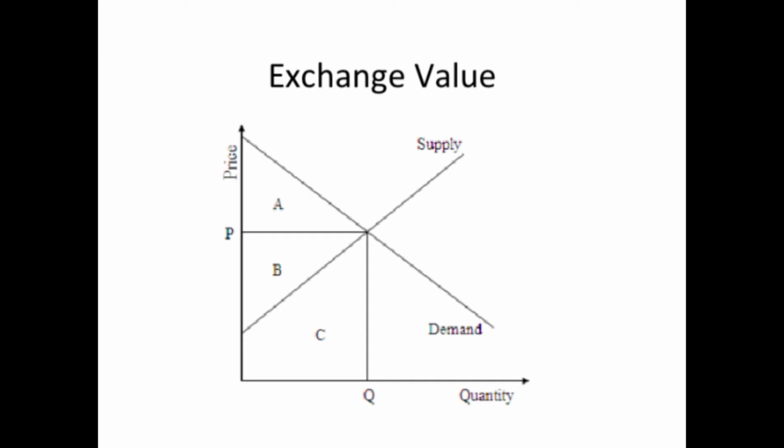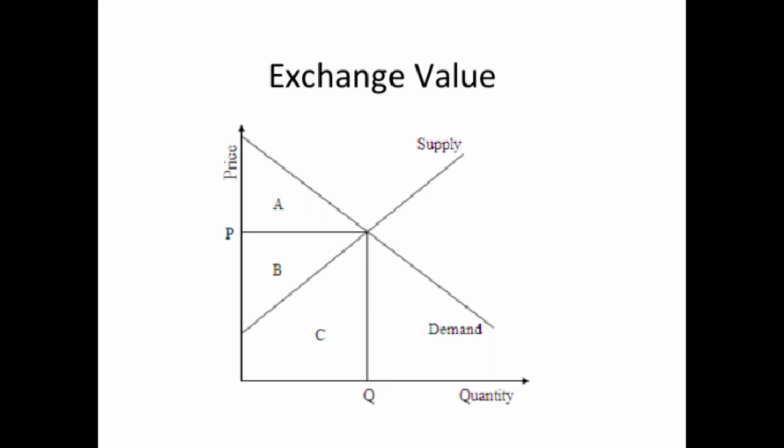So returning very briefly to the basic microeconomics of exchange value, the way that we derive the value for goods and services, and other types of economic goods and services in the national accounts generally, is based on the exchange value or the market price, derived, as you can see from the picture, from the intersection of the supply and demand for that service.